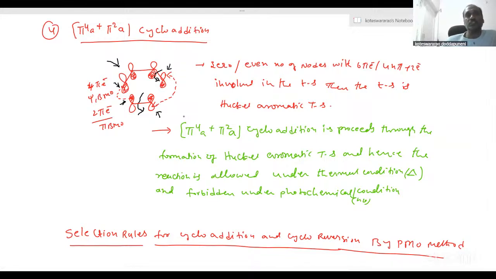Due to that reason, in most cases the pi 4 plus pi 2 antra mode of reaction is geometrically and energetically forbidden. However, it is thermally allowed and photochemically forbidden. That you need to remember. But theoretically, the Diels-Alder reaction is pi 4s plus pi 2s and pi 4a plus pi 2a.